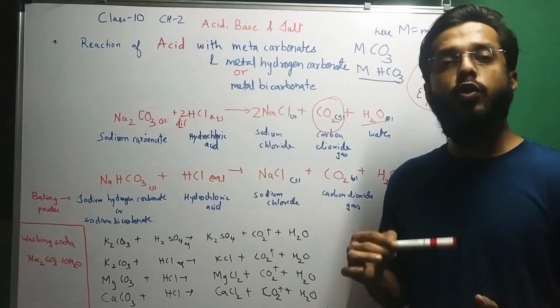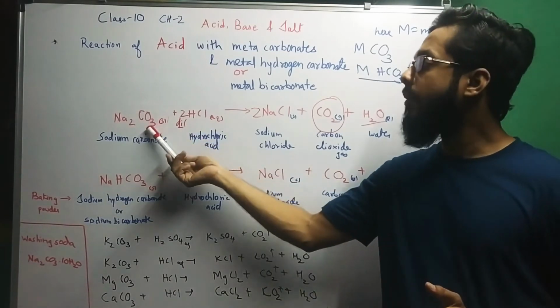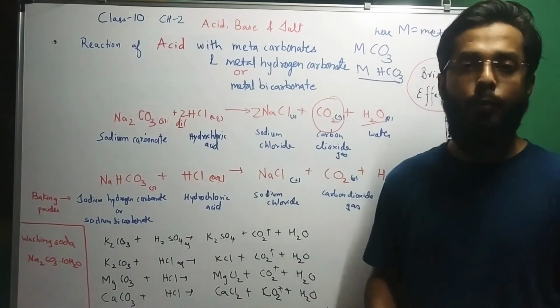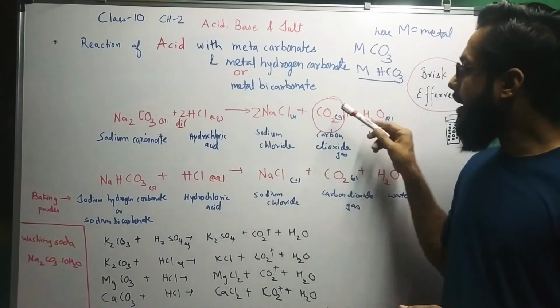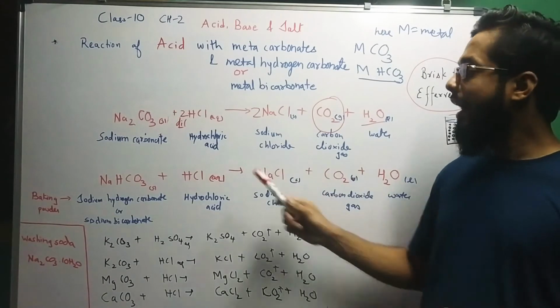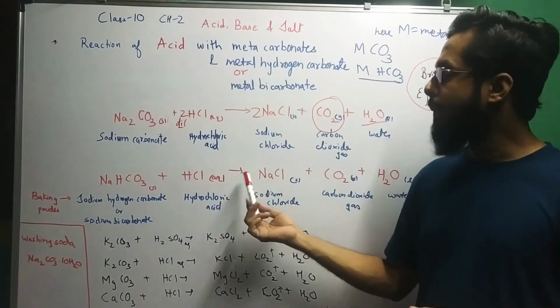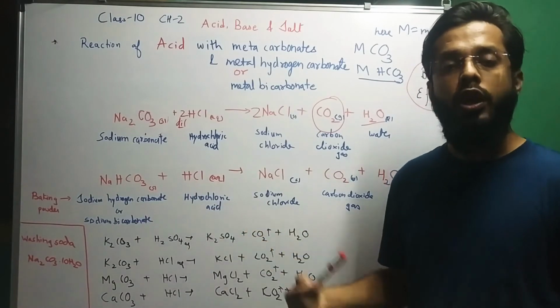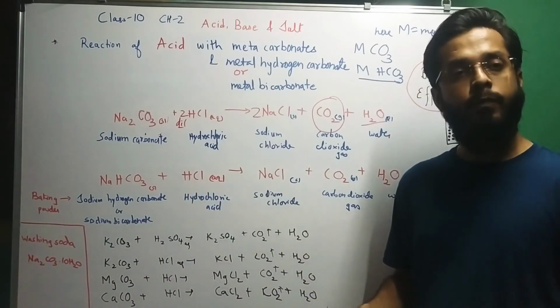So whether it is a metal carbonate or a bicarbonate or hydrogen carbonate, we get carbon dioxide and water and the respective salt. If you take HCl, you get NaCl. If you take H2SO4, you get Na2SO4.